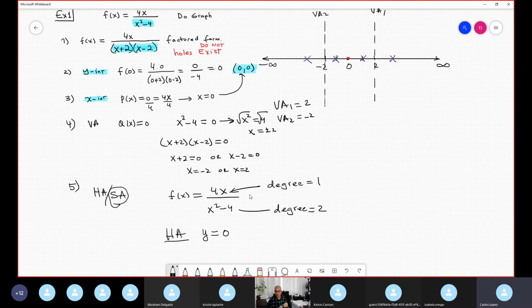Yes, horizontal. Slant, never. According to the analysis of the degree, we have horizontal. Immediately you discard slant. No slant anymore in this example. In another example, maybe yes. Okay, now stop a little bit.